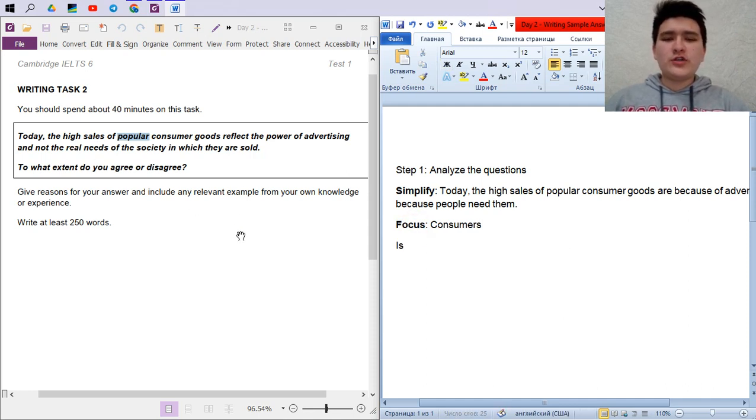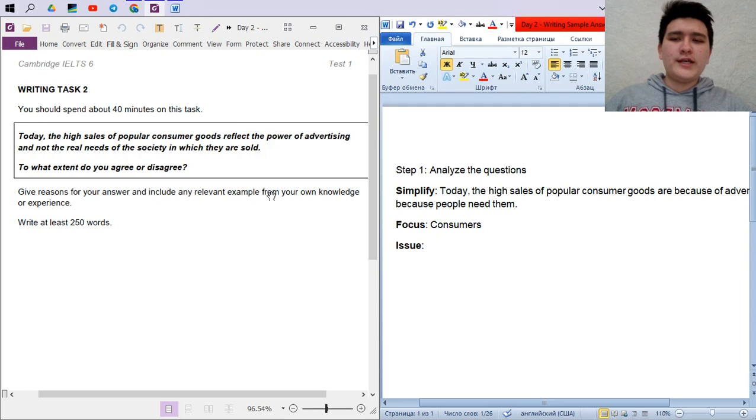And what's the issue here? The issue is that advertising is making it look like we are increasingly buying popular consumer goods such as iPhone 14, not because we want them, but because the advertising is so good, right?